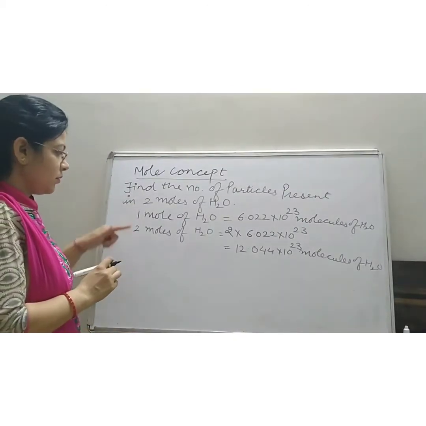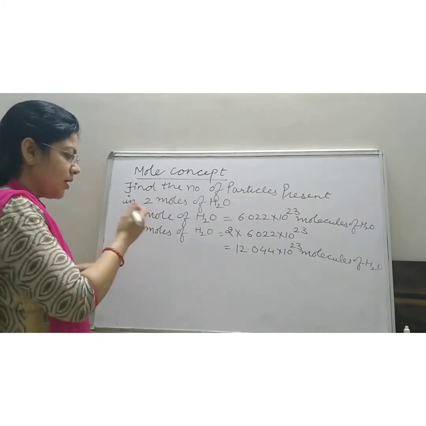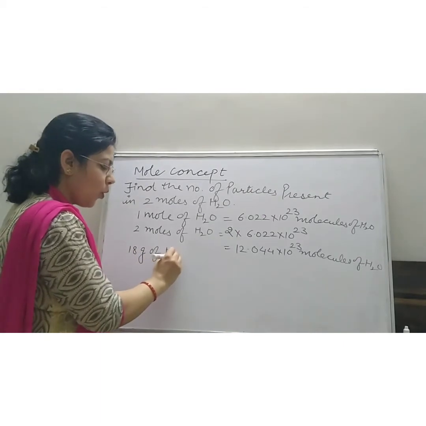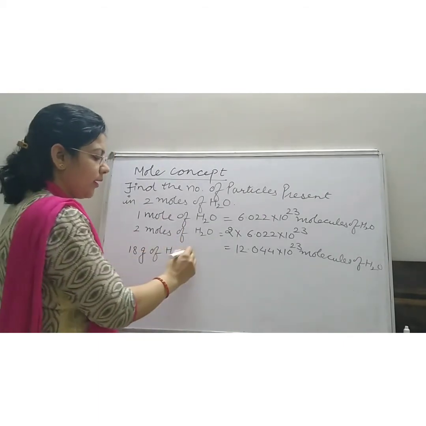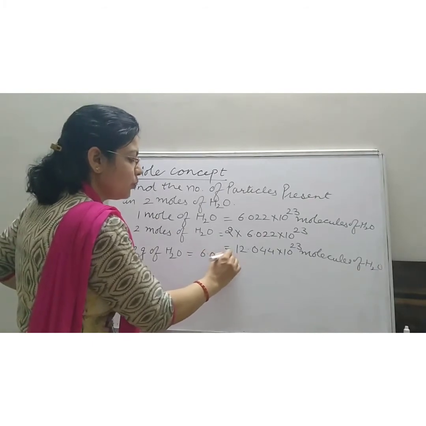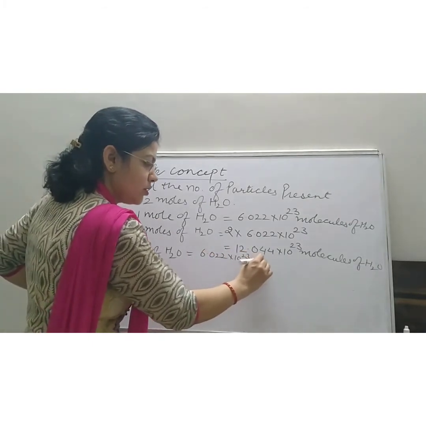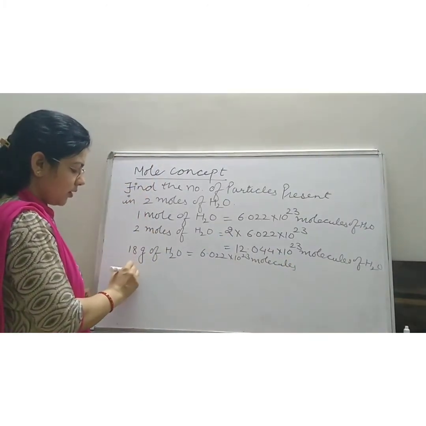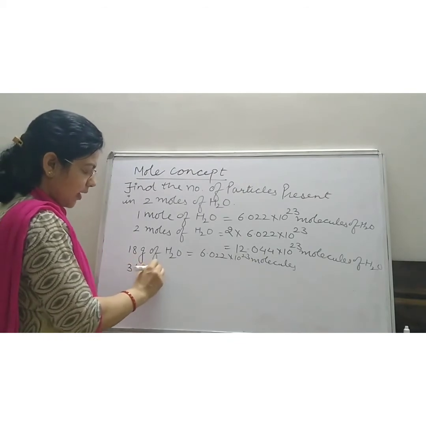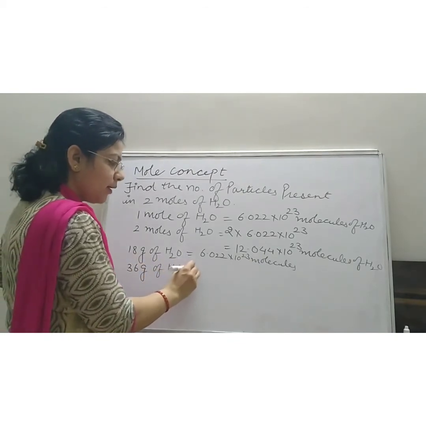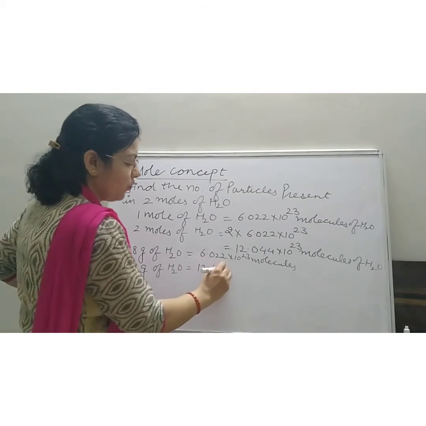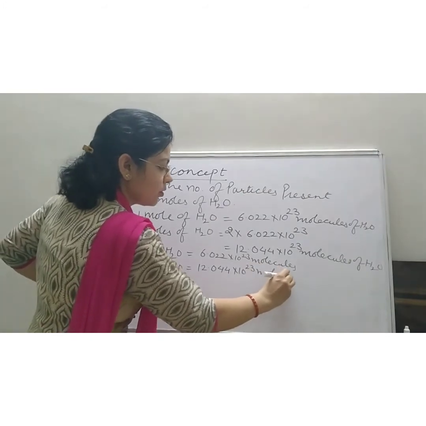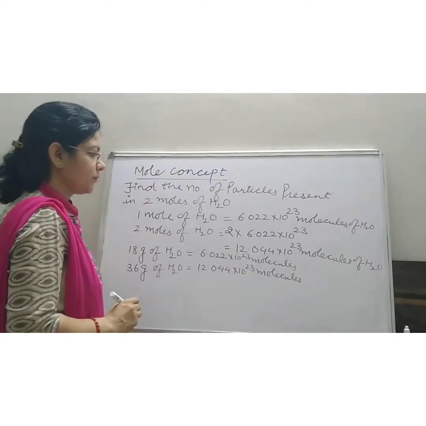It means 1 mole has mass 18 grams. 18 grams of water also contains 6.022 into 10 raised to power 23 molecules. 2 moles means 36 grams of water contains 12.044 into 10 raised to power 23 molecules of water.